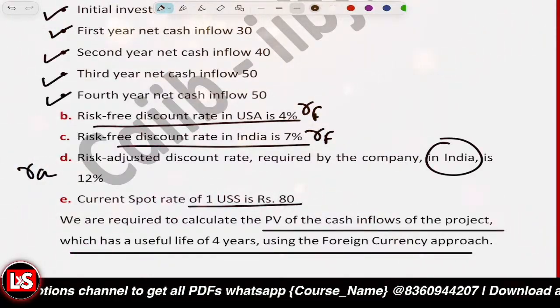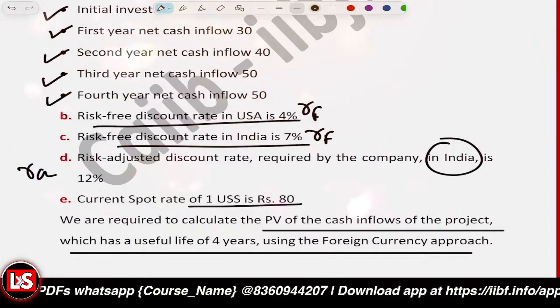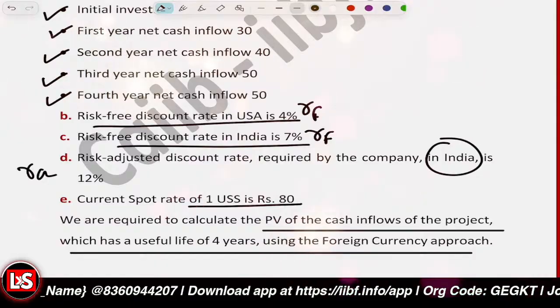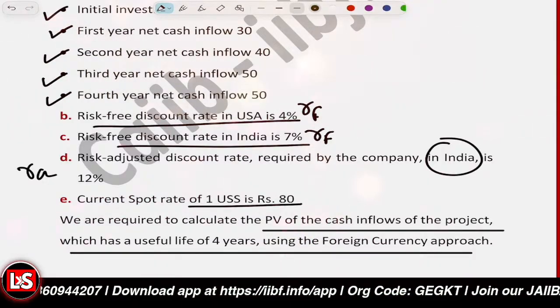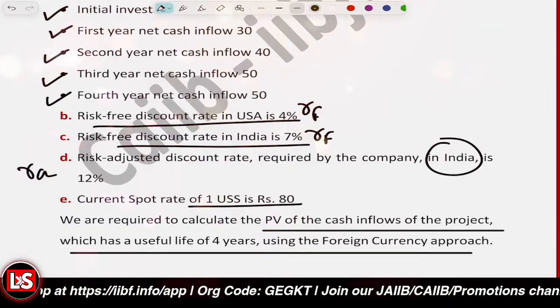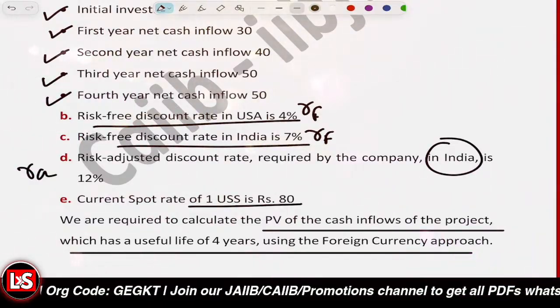What is the formula for the risk adjusted rate? I already told you, the formula is quite simple. We have already covered that in yesterday's video for the home currency approach.